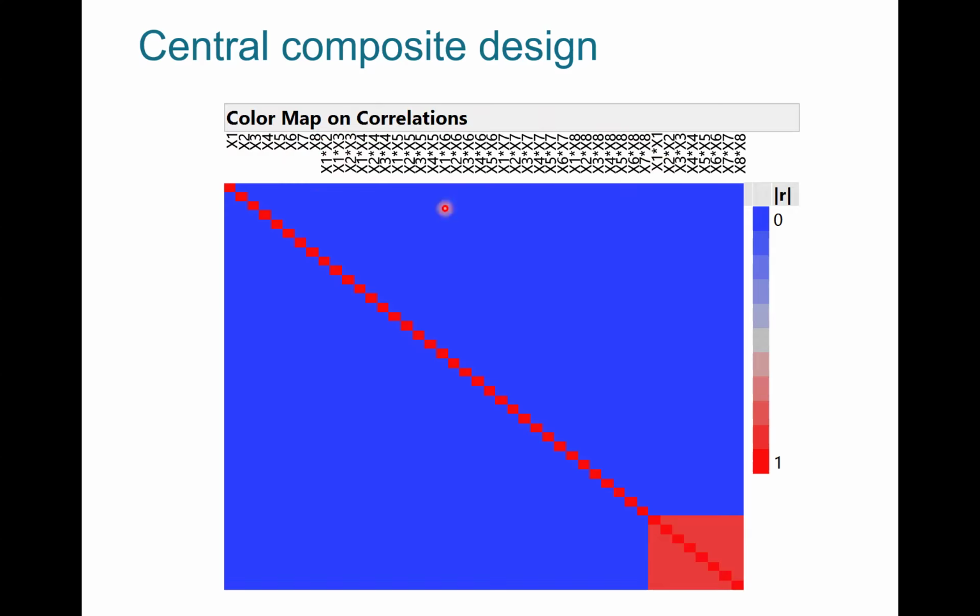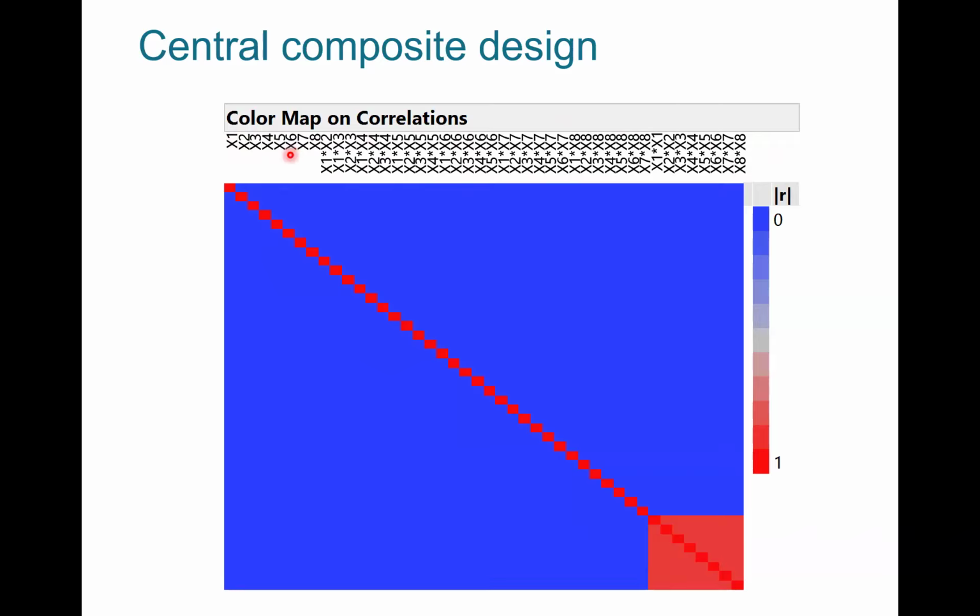So there's 28 interaction effects, and there's 8 squares of the X's, and the squares of the X's are right here. Now, whenever you have an experimental plan, you can check all the correlations between the X's themselves and between the cross products of 2 X's and between the squares of the X's. All of these are building blocks of our linear regression model.